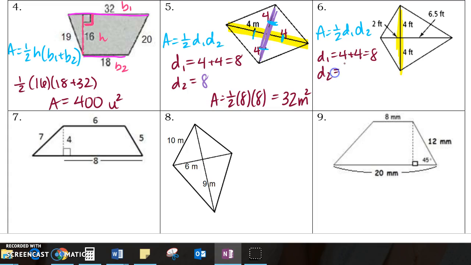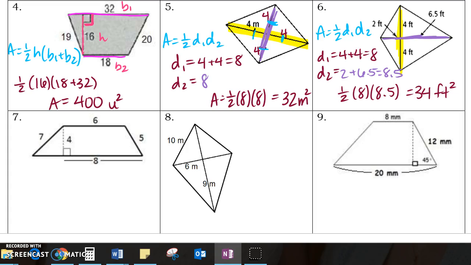And the other one, let's add this whole diagonal together, which is 2 plus 6.5, which gives us 8.5. So when we substitute D1 and D2 into our equation, we'll have 1/2 times 8 times 8.5. So when you substitute that in, you should get 34 feet squared.